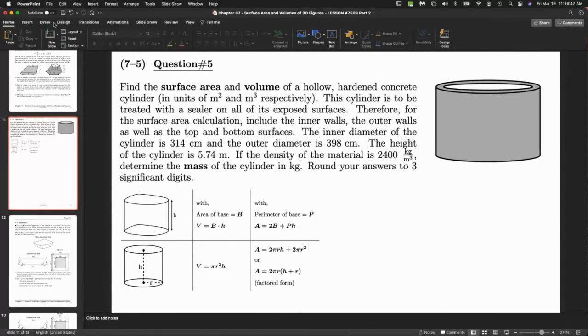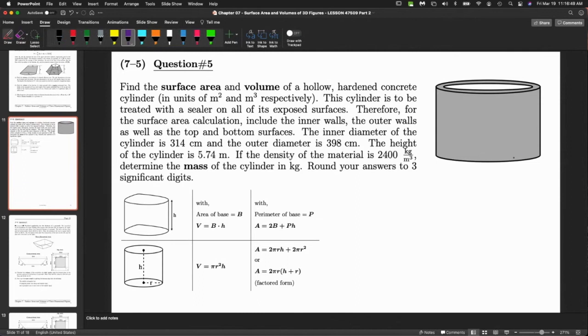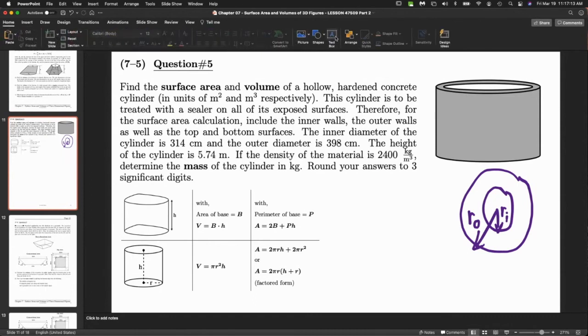To assist us with this question, I'm going to draw a cross-sectional view of the object. So this is looking from above, or from the cross-section. You have a ring. And then I'm going to put two arrows here denoting RO and RI. So what are RO and RI? Yeah, you're on the right track, Denny. So I'm just going to make a couple definitions here.